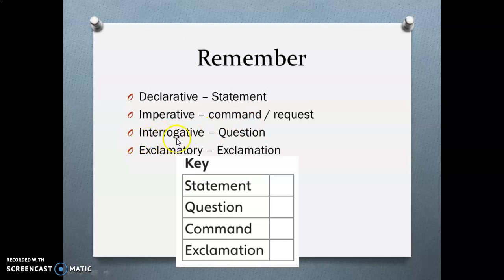If it is an interrogative sentence, it has a question and it ends with a question mark. Exclamatory sentence, it has an exclamation mark at the end. Your keywords will be statement, question, command, exclamation. I hope you know how you will use them well.